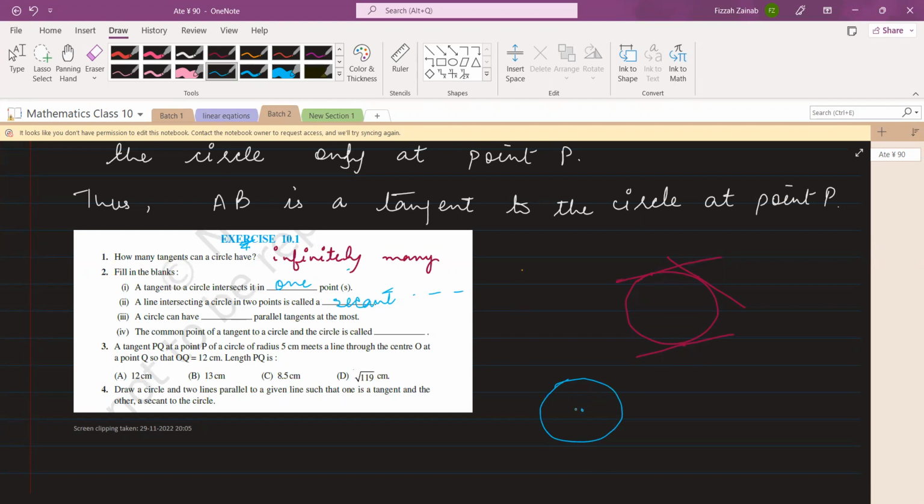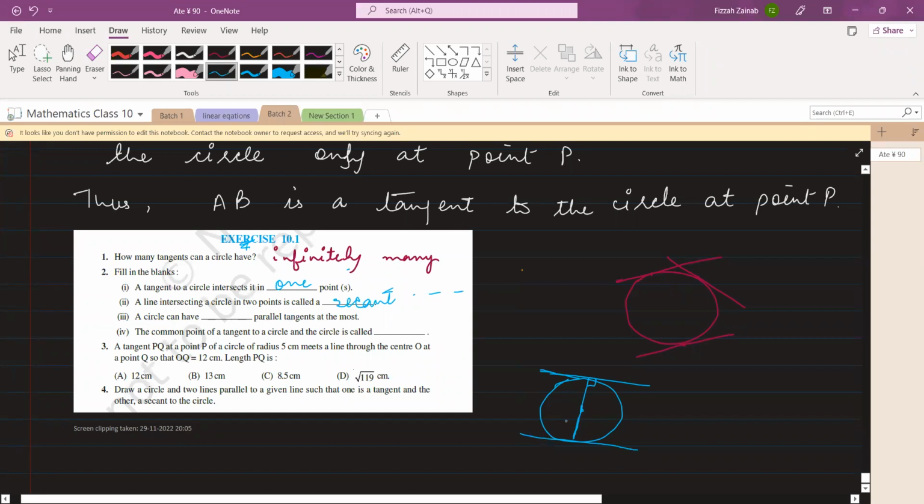So we have learned that a tangent is perpendicular to the radius, right? So if I draw any tangent here, that means this angle is 90 degrees. If I want to draw something parallel to this line, it will be at the opposite end of the diameter. Is there any other possibility? Because this angle has to remain 90 degrees, right? Between radius and tangent, the angle is 90 degrees.